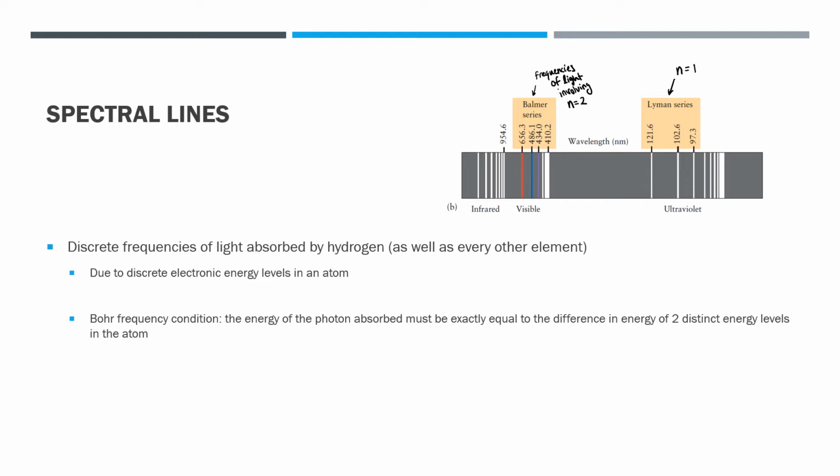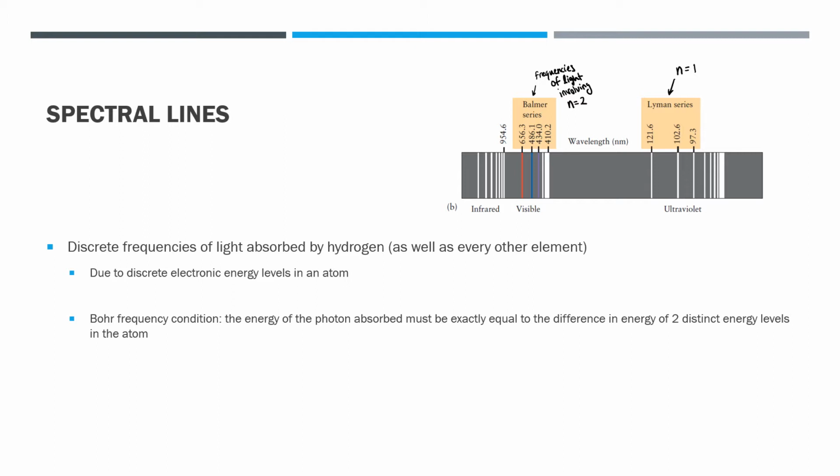So why does it pick and choose what frequencies of light to absorb? This comes from the discrete electronic energy levels in atoms. There are two really key series that you need to know for USNCO and for general chemistry knowledge. The two key series are the Balmer series and the Lyman series, and I'll talk about these more on the next slide.